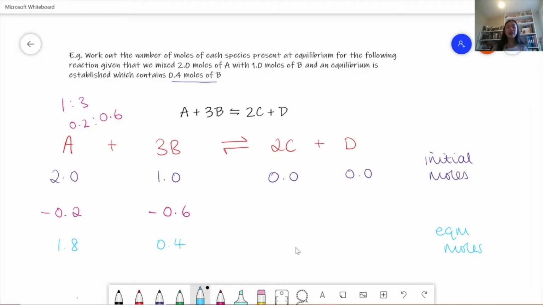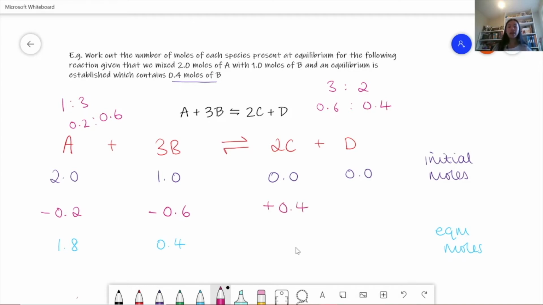And then you do the same on the other side. However, you need to remember that if the reactants lose moles, then the products will gain moles. And the other way around, if the reactants gain moles, then the products will lose moles. So you do the same thing with the ratios. Now you look at the ratio between B and C. I can see that I've got a 3:2 ratio, and B loses 0.6, and so C should gain 0.4 moles.